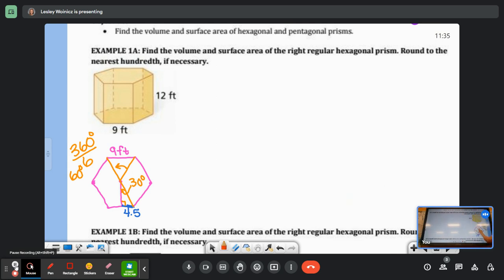So what is my apothem compared to my short side? 4.5 root 3. So write that in nice and little and tiny. 4.5 root 3. That's my a.